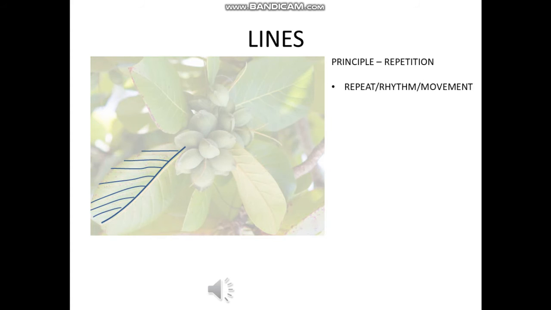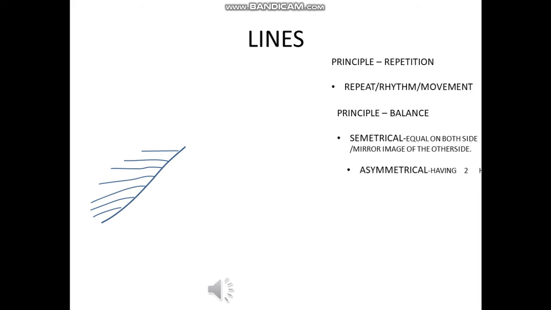The second principle used is balance. Now, balance identifies whether it is equal on both sides, meaning exactly the same or a mirror image. This is referred to as symmetrical balance. The balance can also be asymmetrical, meaning having two halves or two sides that are not exactly the same.